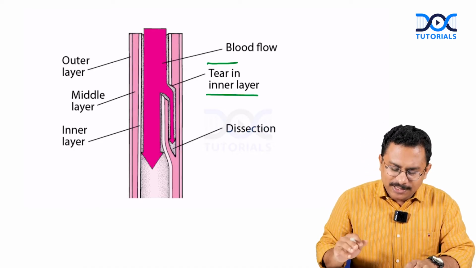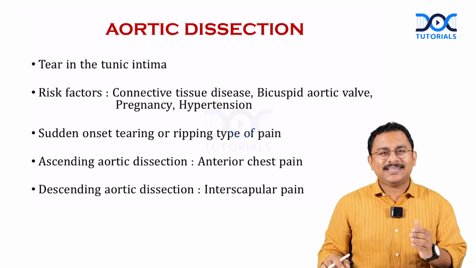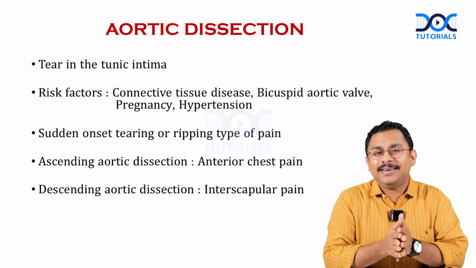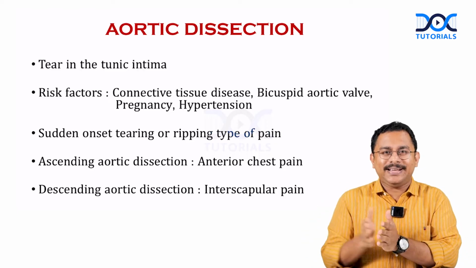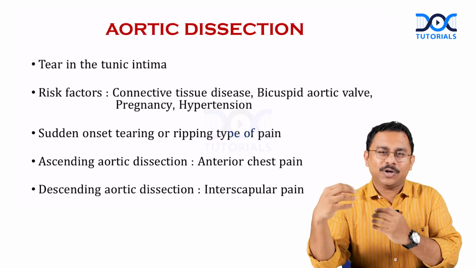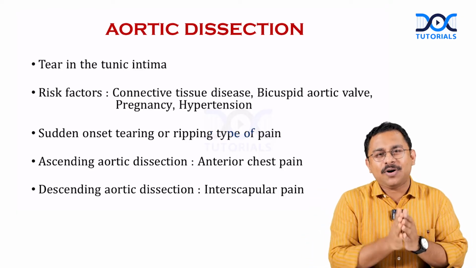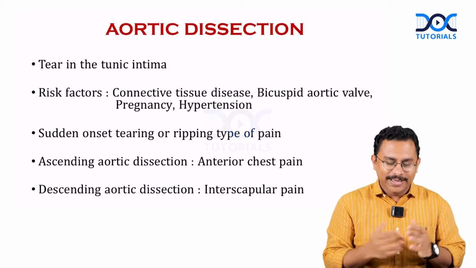Right. So some important points regarding aortic dissection. It is a tear in the tunica media, often facilitated by certain degenerative processes in the media as well. So whenever you have got certain degenerative processes in the tunica media, it makes the tear of the intima easy and the dissection across the planes of the media also very easy.